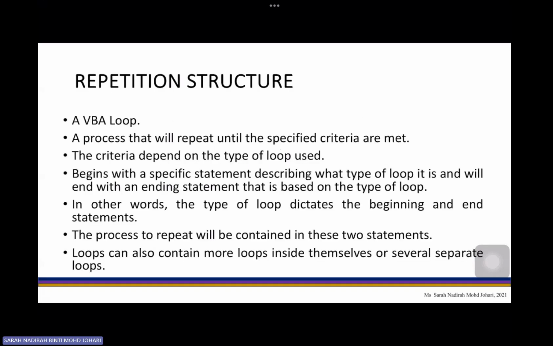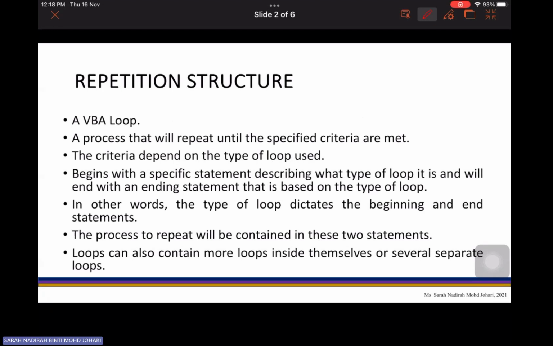Repetition structure is basically a VBA loop, a process that will repeat until the specific criteria are met. This criteria depends on the type of loop we use. It begins with a specific statement describing what type of loop it is and ends with an ending statement that is based on the type of the loop.